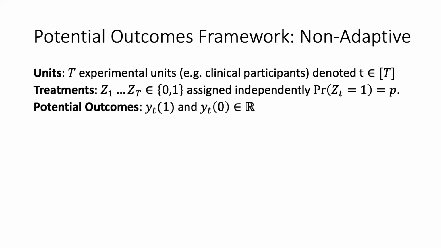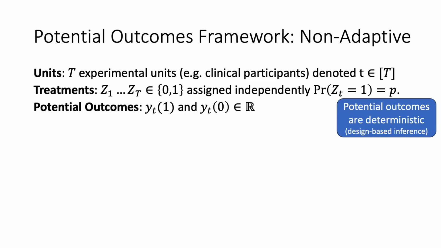And each unit has 2 potential outcomes. So there's the outcome that you would observe, Yt(1), if you were given the treatment, and the outcome you could observe, Yt(0), if you were given the control. So this is like, how long does it take you to run a 100-meter sprint if I said very nice, encouraging things, or if I just gave you facts. And in this talk, the potential outcomes that I'm working with are deterministic.